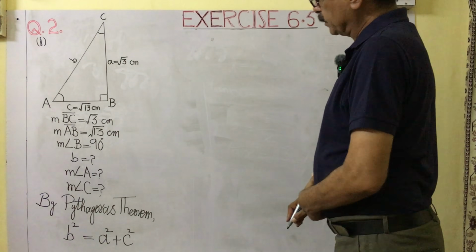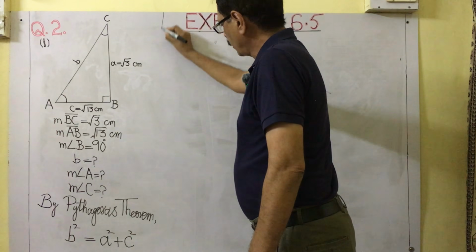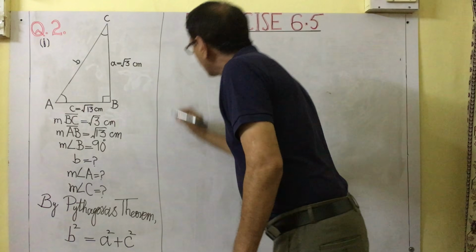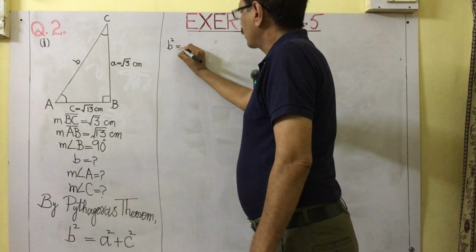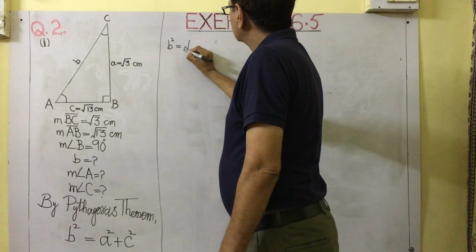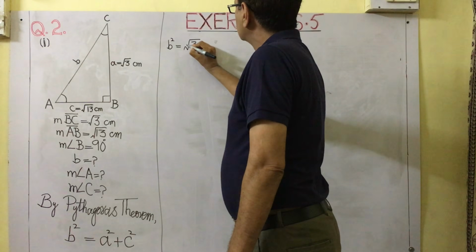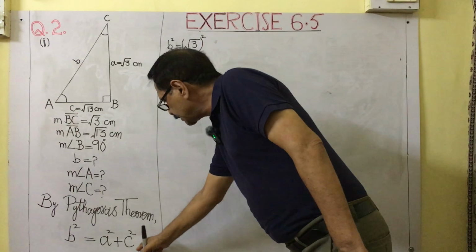Putting the values, B square is equal to A square plus C square.